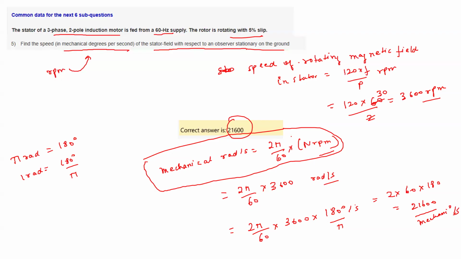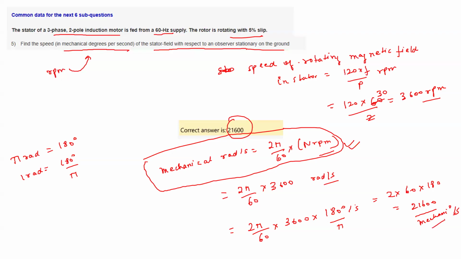So you have to remember that this is the relation between mechanical radian per second and speed in RPM. Then you can convert from mechanical radian to mechanical degrees, and then if you multiply by P by 2, you will get electrical degrees per second.